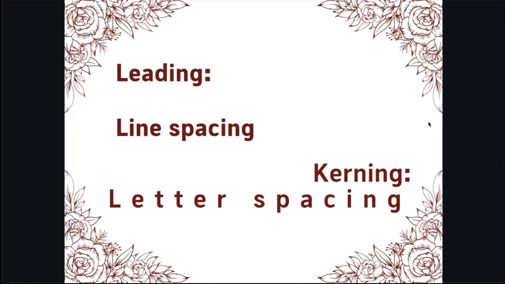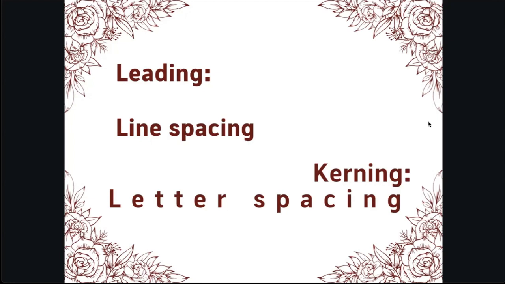And real quick on this one, why isn't it just letter spacing and line spacing, which is what it's called in Canva? This is the graphic design terminology, which is a holdover from printing press days. There's actually a lot of printers around Rochester that still do it the old fashioned way.